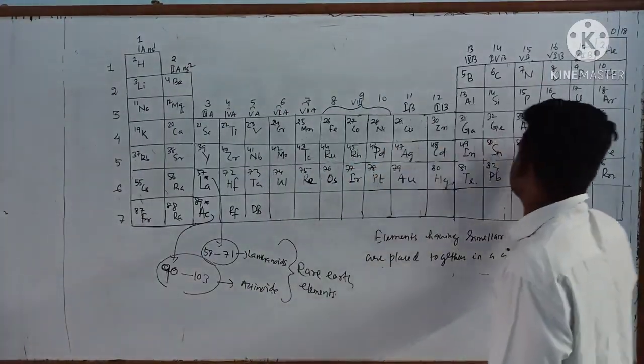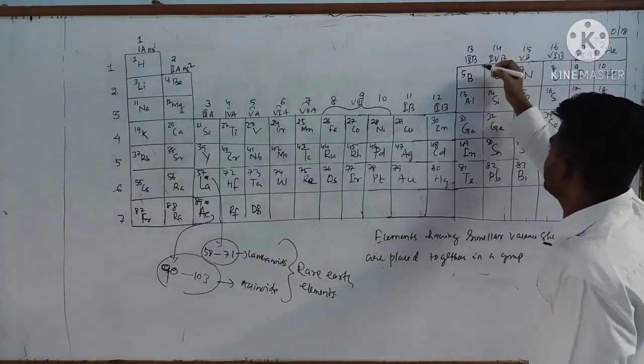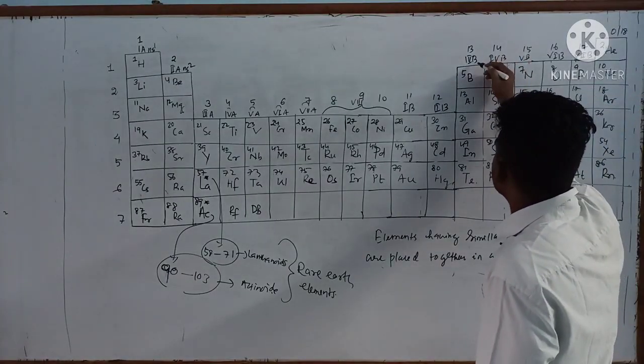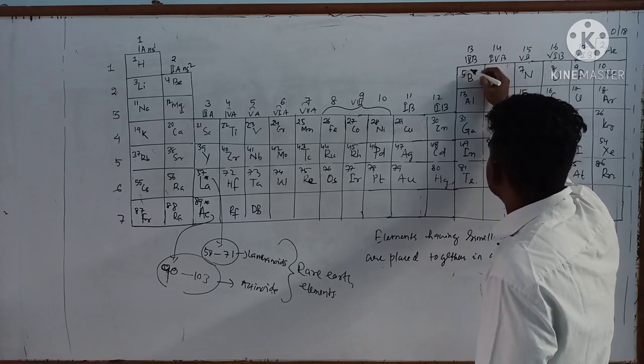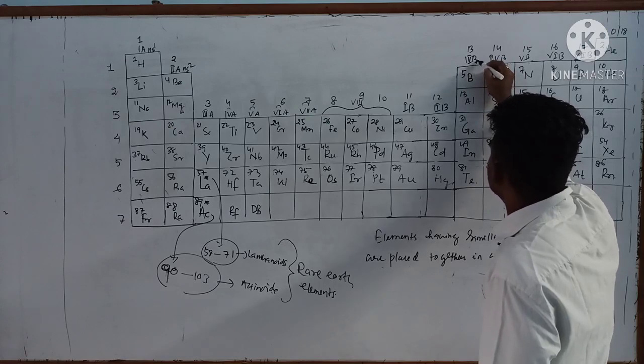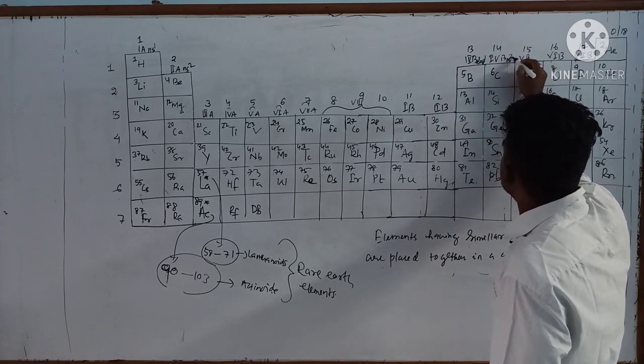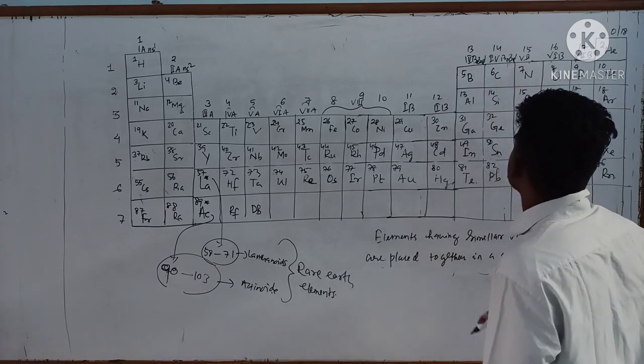Let us go back to this side. You see here the boron family, its configuration is ns2 np1. Is that clear?